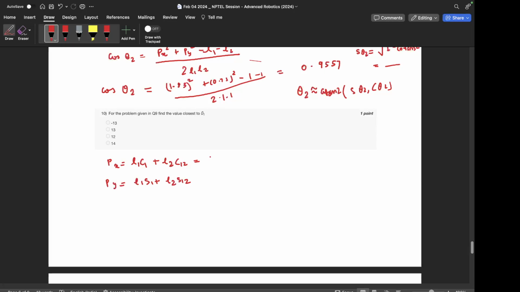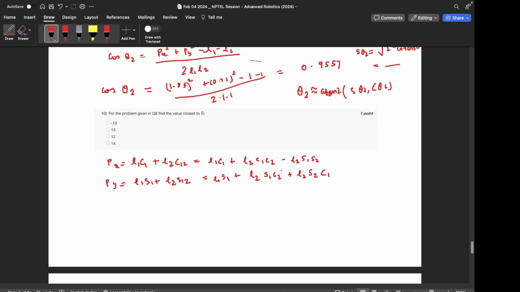Now here, since we know cos theta 2, we can expand these expressions. So it can be written as L1 C1 plus L2 times cos A plus B, which is cos A cos B minus sin A sin B, and similarly L2 S12 is sin A cos B plus cos A sin B, right?